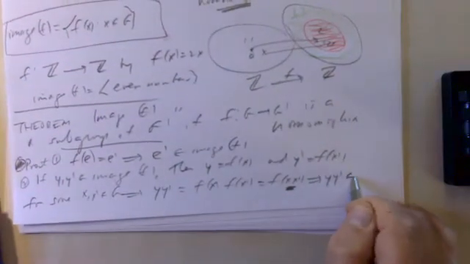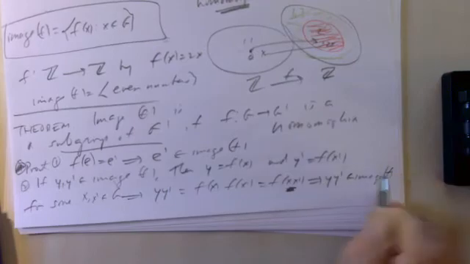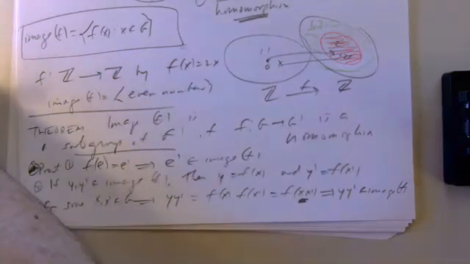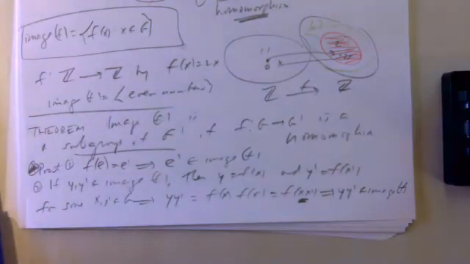So y times y prime is in the image of f. Any questions about this?